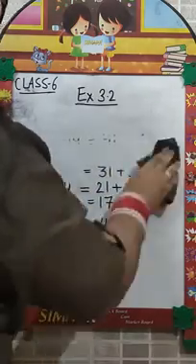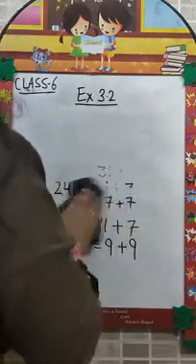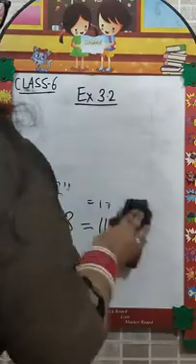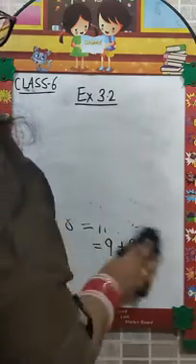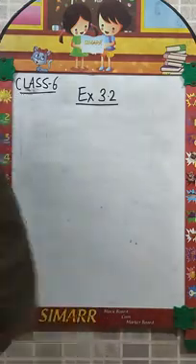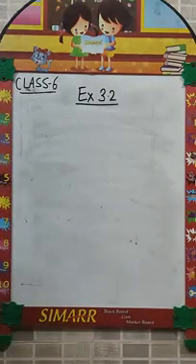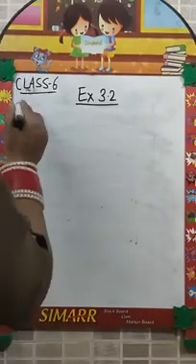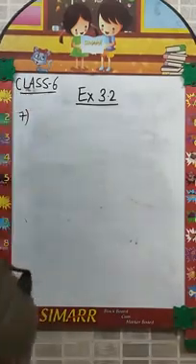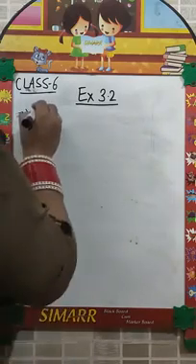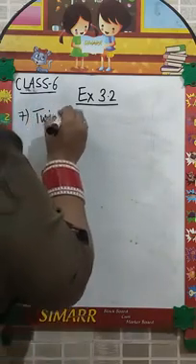Next question will be question number 7. Read it out, everyone. What's there in question number 7? We have to find the pair of prime numbers whose difference is 2. Everyone knows they are twin primes. Whose difference is 2, they are called twin primes.